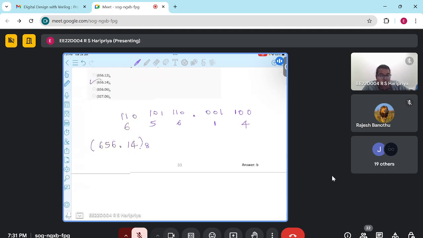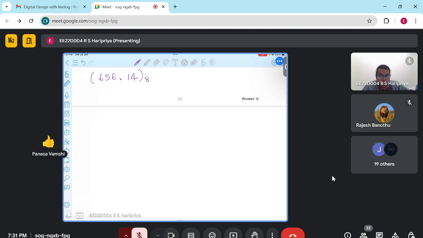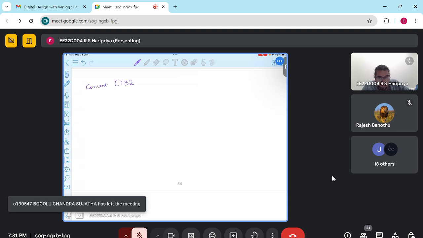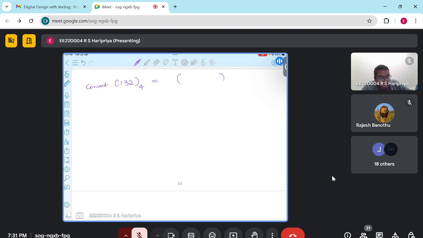Okay, so we will solve some more questions. So if we consider this, convert 132, consider it is in radix 4, convert this to radix 5.